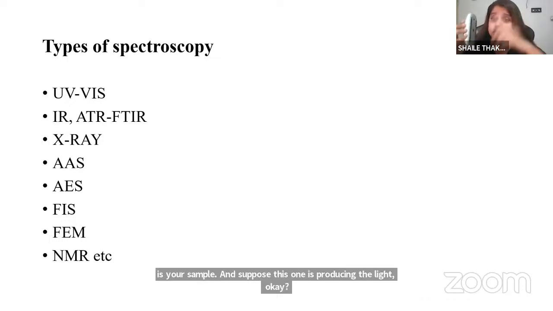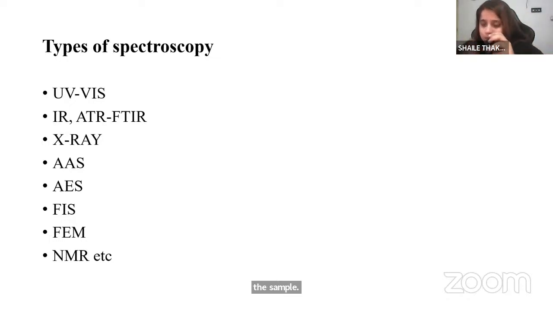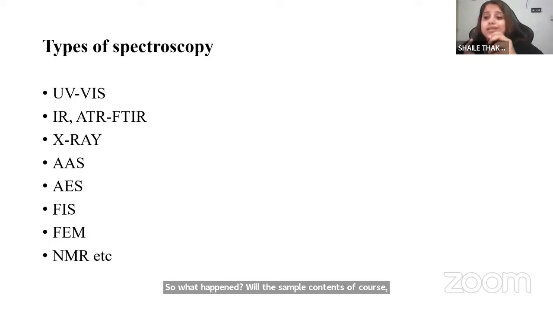Whenever this light interacts with the sample, what happens? The sample contains, of course, atoms, and whenever those atoms absorb the light, a few changes occur in those atoms, and the changes are stretching vibration.